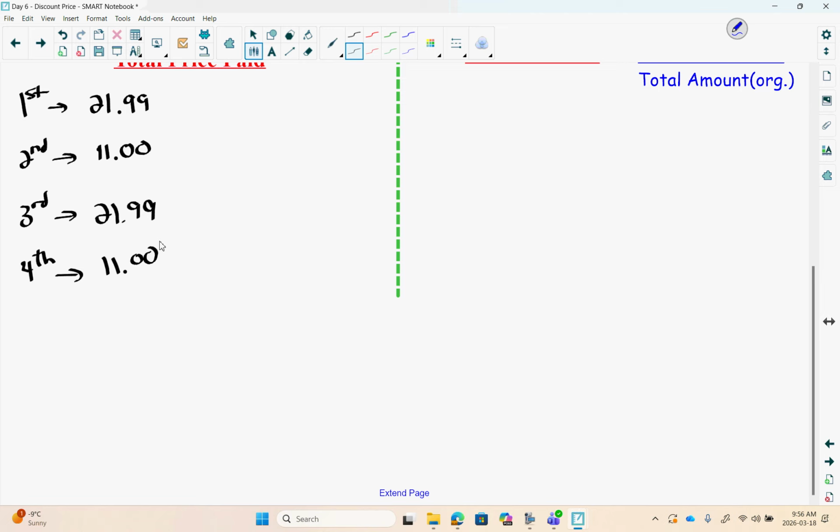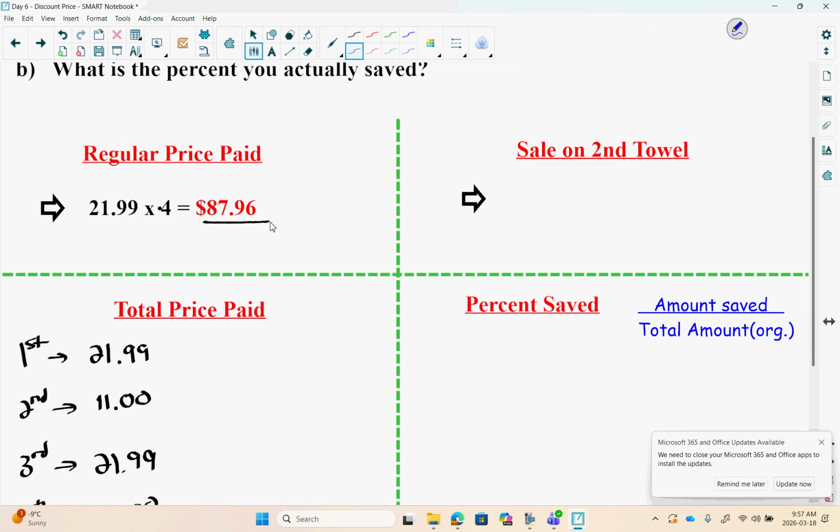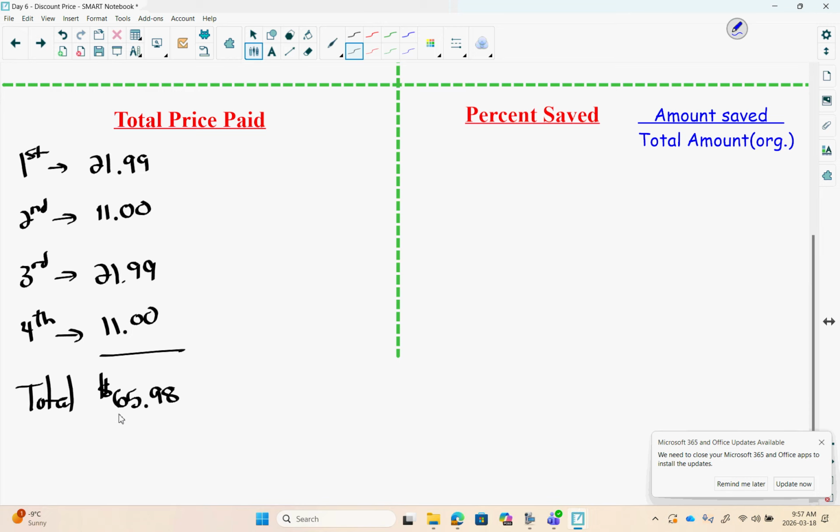What's $66 minus 2 cents? $65 and 98 cents. Excellent, Lisa. Thank you. Okay. So instead of paying $87.96, you're only paying $65.98.